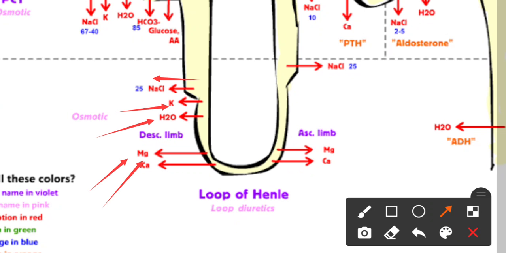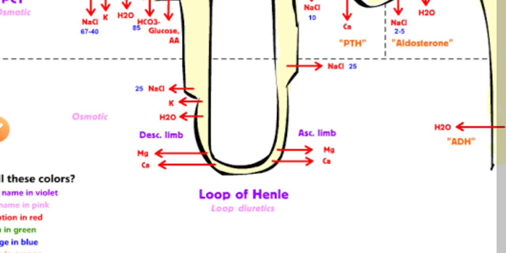Most of the sodium chloride comes out actively in the thick ascending limb. This is the basic principle behind the countercurrent system as we have discussed earlier. The sodium chloride coming out makes a gradient difference in this medullary part.